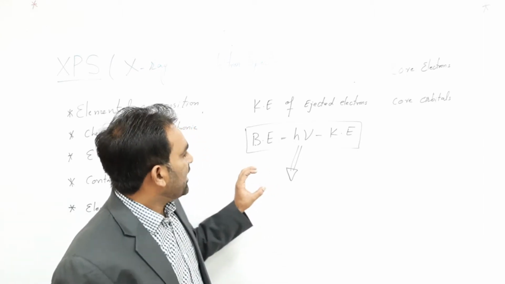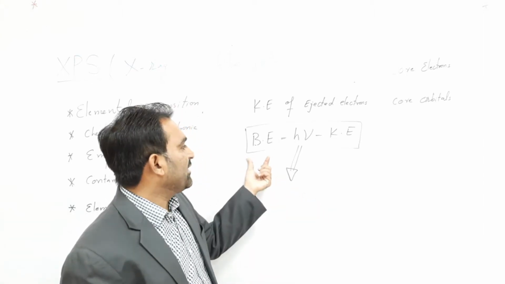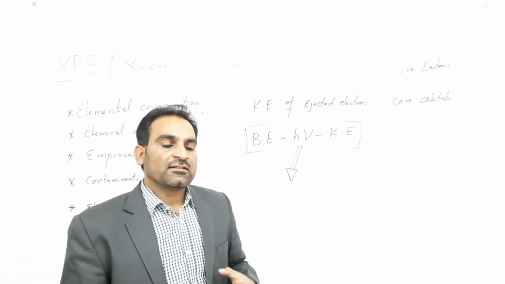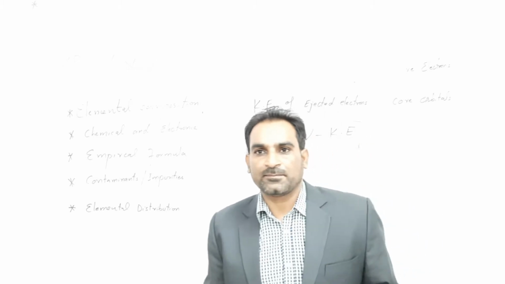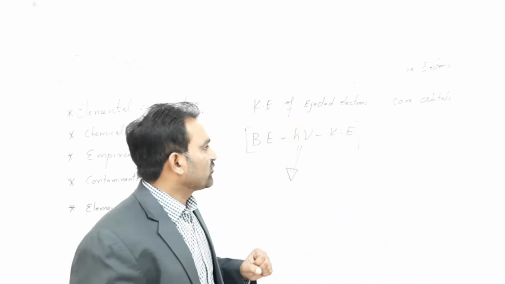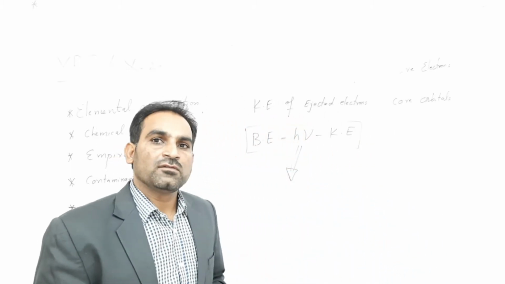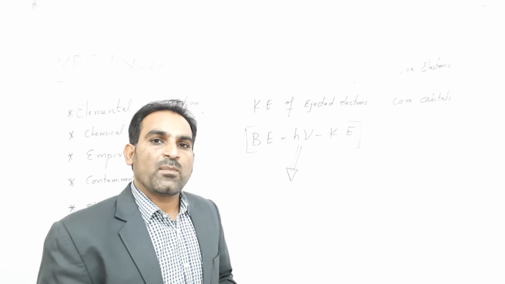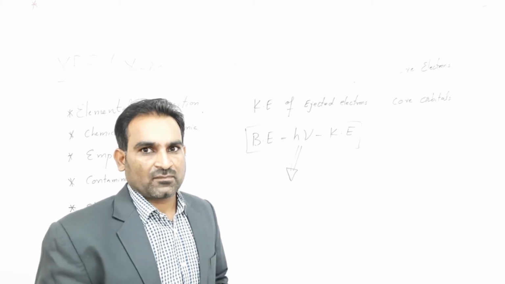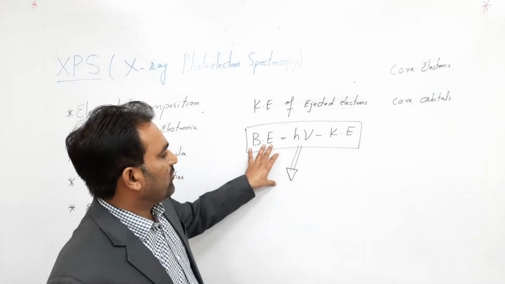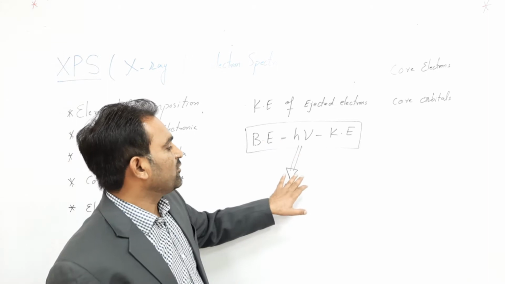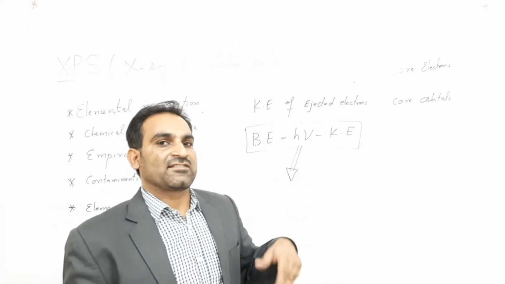You want to find the binding energy because the XPS profile or XPS spectrum gives you binding energy. So binding energy of the electron is equal to hν, where hν is the energy of the X-ray.